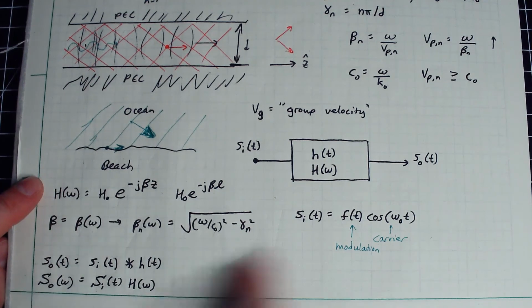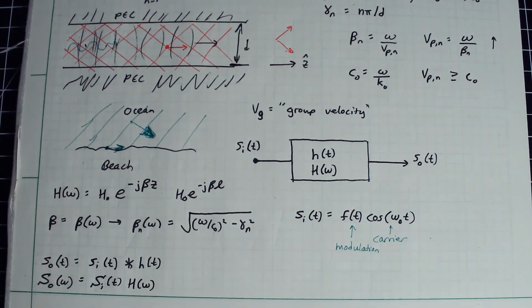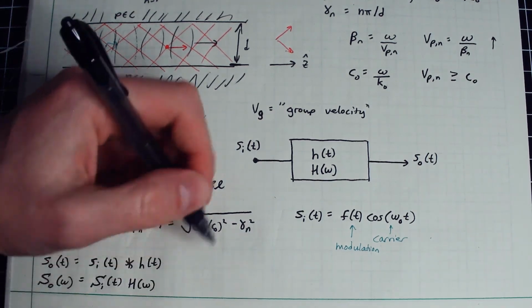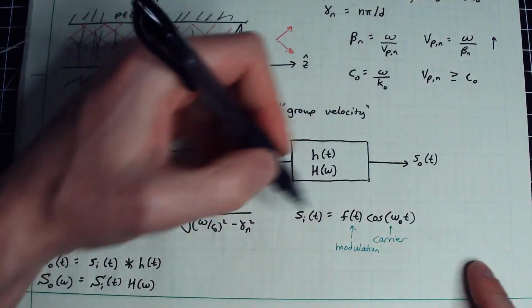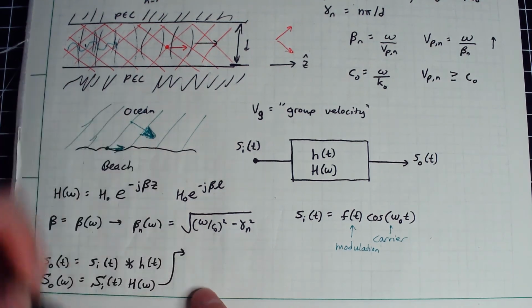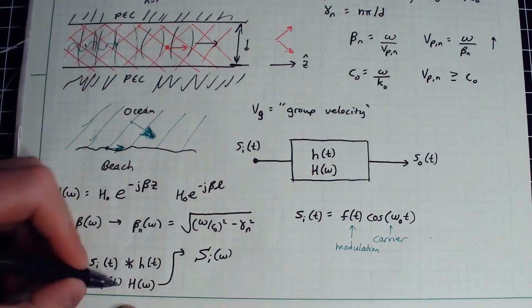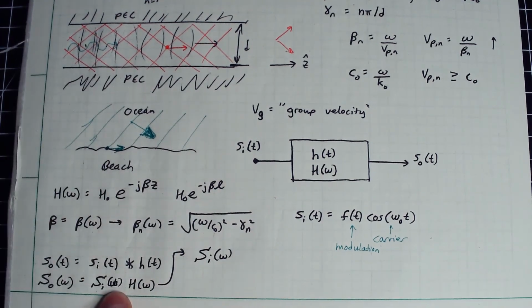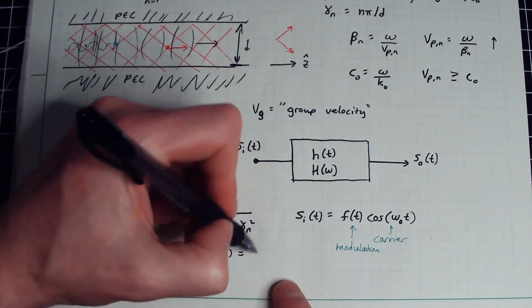What is this guy here? Well, you notice I have multiplication in the time domain, which implies convolution in the frequency domain. So we're just going to write this out maybe over here on the side. S sub i of, oh, sorry, that should be an omega, excuse me. So put an omega there, not a t. So capital S of omega is going to be the convolution of these two guys.